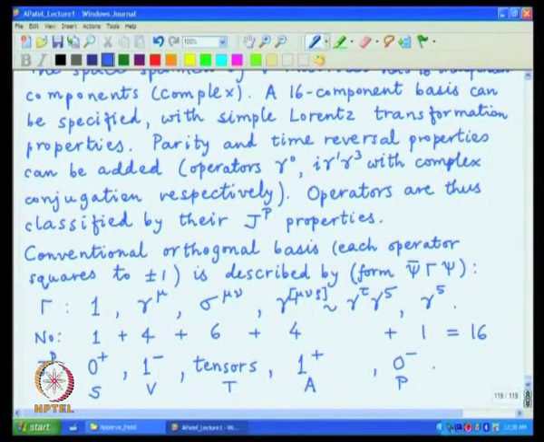This is now a very useful organization of the 16 independent components specifying the internal space spanned by gamma matrices, and we have broken up those components according to the simple properties of Lorentz transformations.